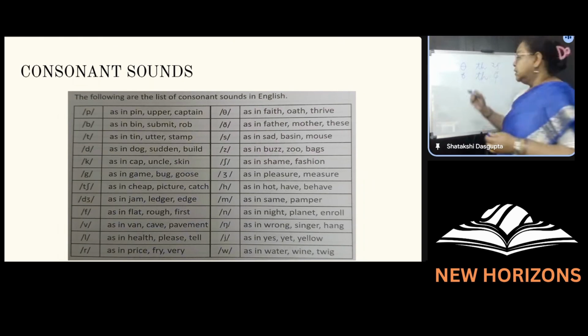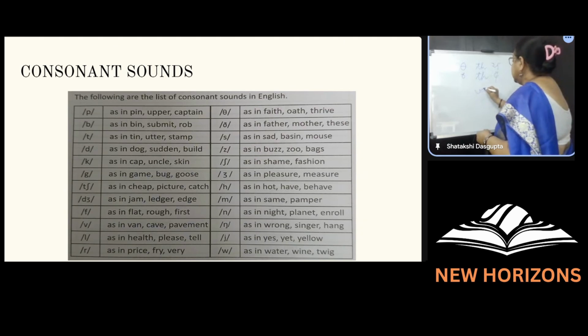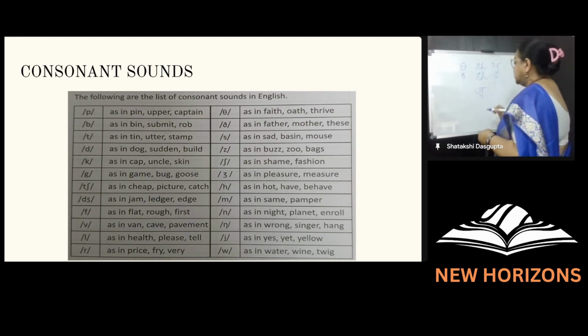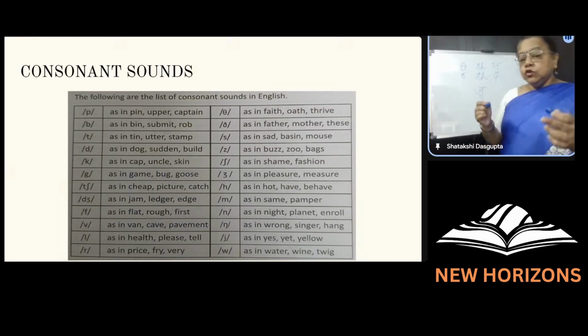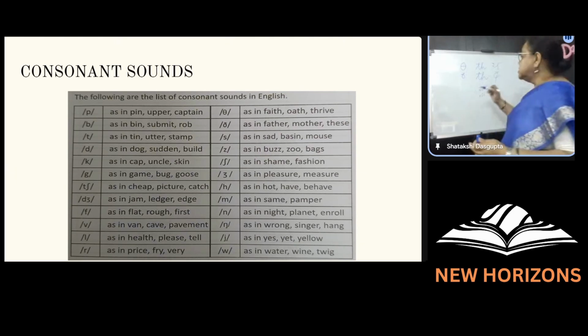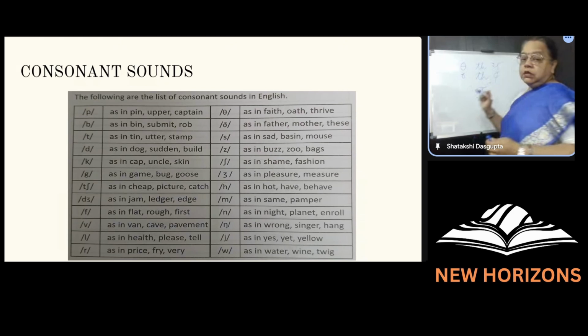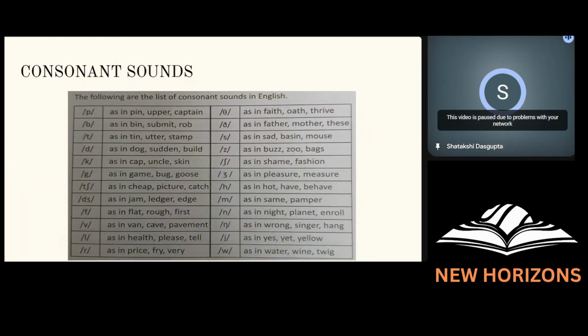Next, Z. In Hindi, have you learned this alphabet J with a bindu below? Yes, ma'am, the Urdu J. Exactly. The Urdu J that you're talking about will come later, beta. This is J with a bindu below. That is Z: buzz, zoo, bugs.